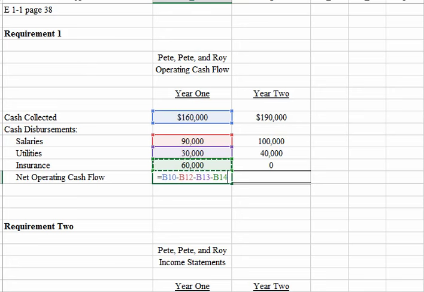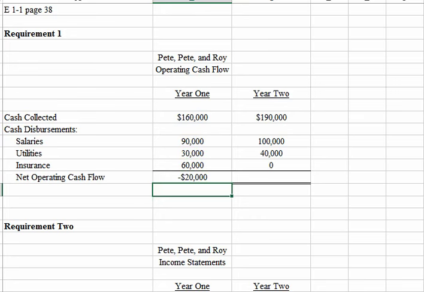If you don't like to use those, just total it up, put in the number if you'd like. It's a negative $20,000. I've got to have that in brackets. Hold on. Alright, there we go. Sorry for the formatting issue.